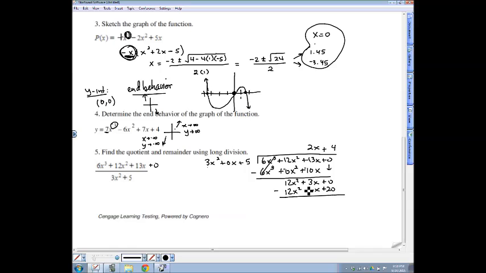Draw the line, change all the signs. First terms cancel. 3x plus negative 0x is 3x. 0 minus 20 is negative 20. So this is the quotient, and this is the remainder.